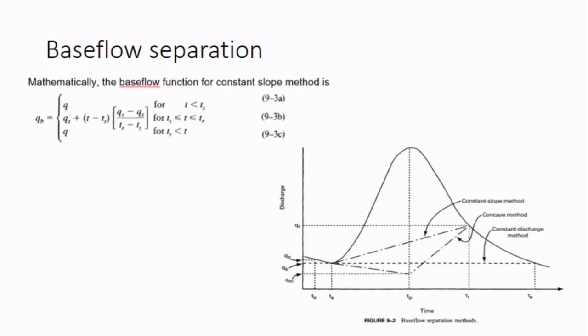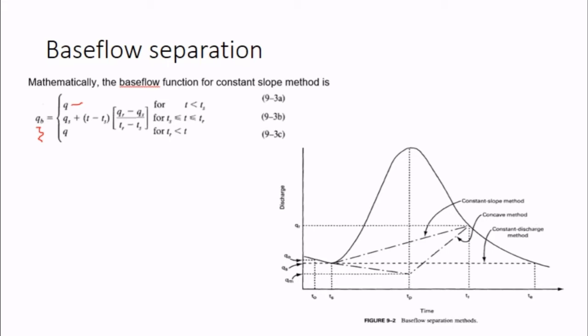Ito naman sa constant slope. Para makuha mo yung base flow discharge, Q sub B: yung Q sub B from T sub S ay yung Q dun sa graph mismo. And then, para naman dito from T sub S to T sub R, yung Q sub B or yung base flow discharge ay ito.